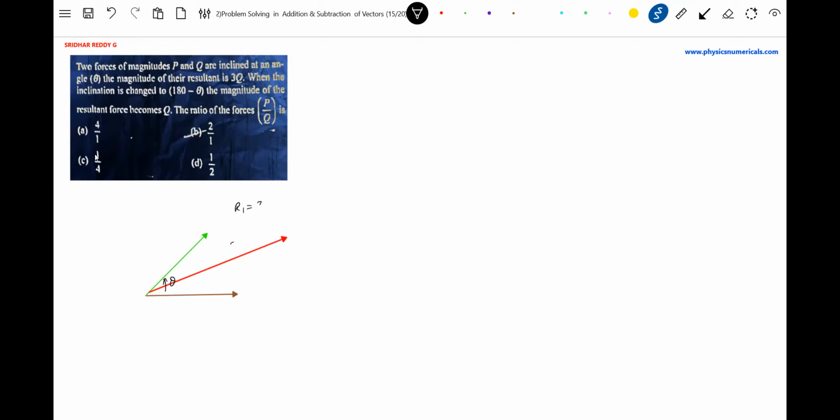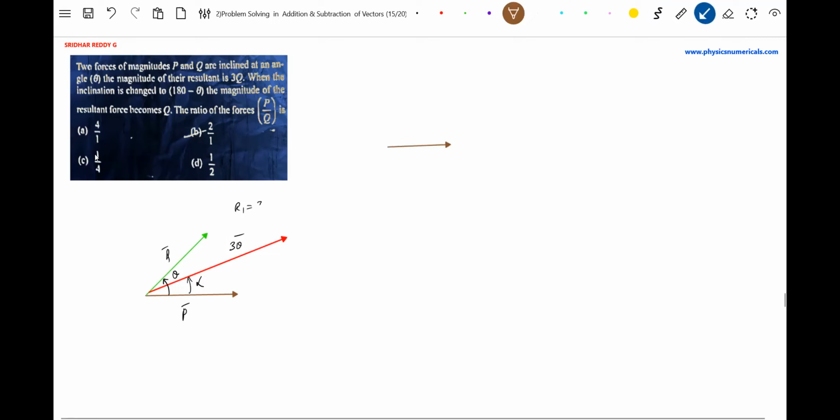This is the angle between those two, let this be alpha. When the inclination is changed to 180 minus theta, between P bar and Q bar, the inclination changed to 180 minus theta.